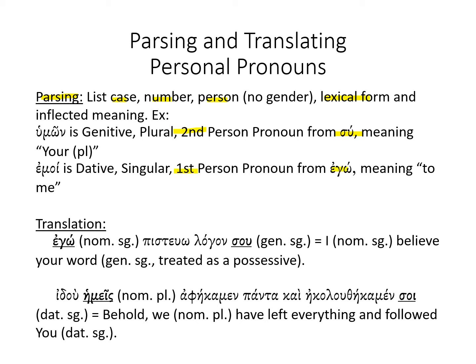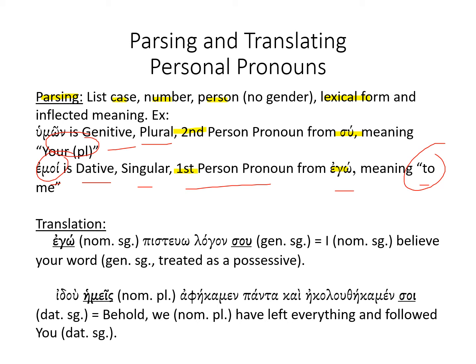So, emoi, see that ending, dative, singular, first person from ego, and it means to me. Again, that dative keyword there, and then the plural here, genitive, your, or of you all, because it's plural, would be of y'all.